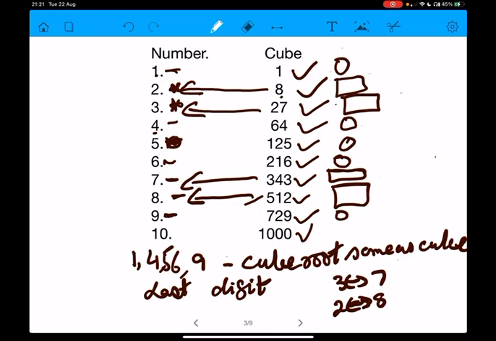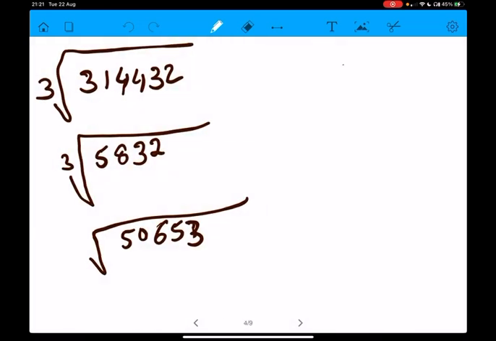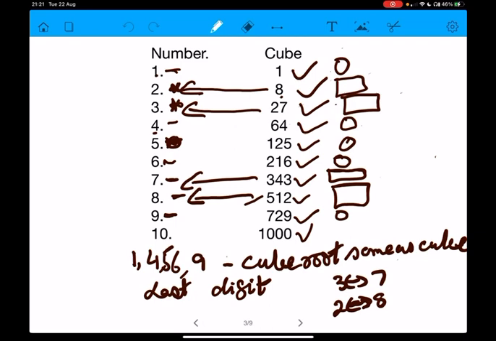Now let me give examples. 314432. Here the number ends with 2, so the cube root has to end with 8. Then 314, leaving the last three digits. Cube of 6 is 216, cube of 7 is 343.